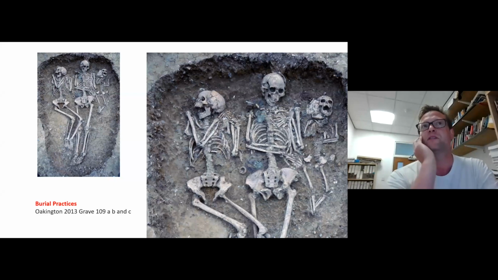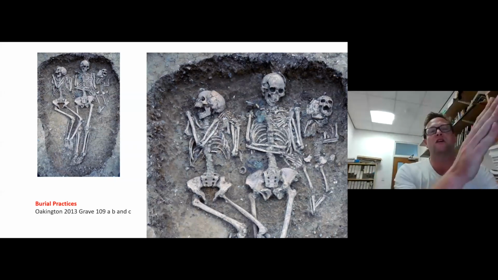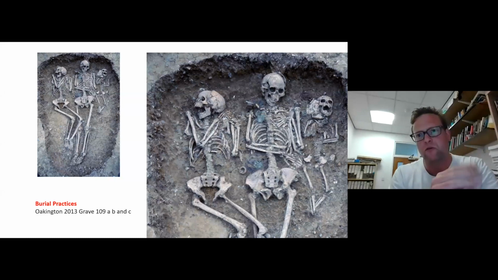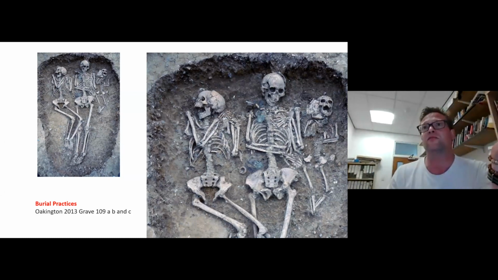And I picked this particular image to talk about burial practices a little bit, because it really highlights the complexity of what we're looking at. So these are 3 individuals buried together in the ground. The skeletons are very well preserved indeed. And you can see in the middle of the adult skeleton there, a series of artifacts that accompany them in the burial. So in this case, we've got about 60 or 70 amber beads.